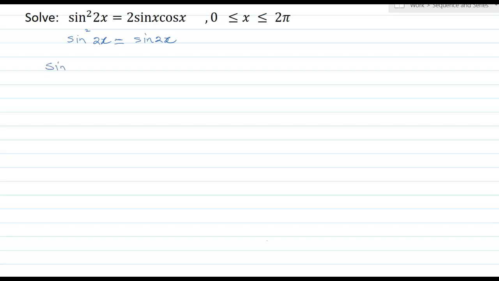We have sine squared 2x minus sine 2x, set that equal to 0. And in here we can factor sine 2x out because there are two of them in the first term. So we have sine 2x times sine 2x minus 1, set that equal to 0.